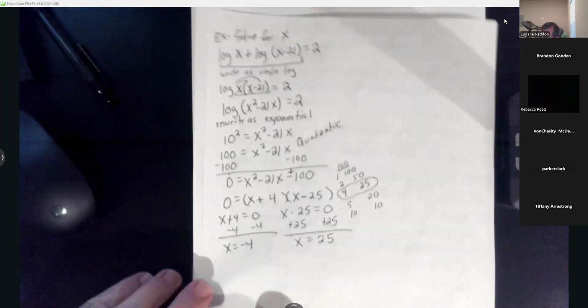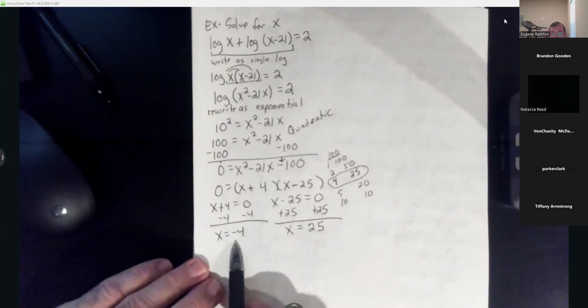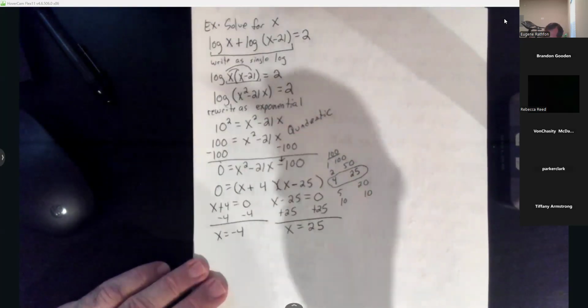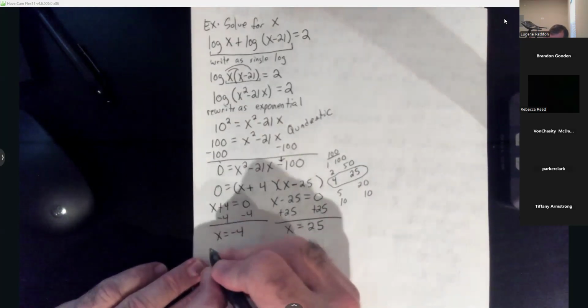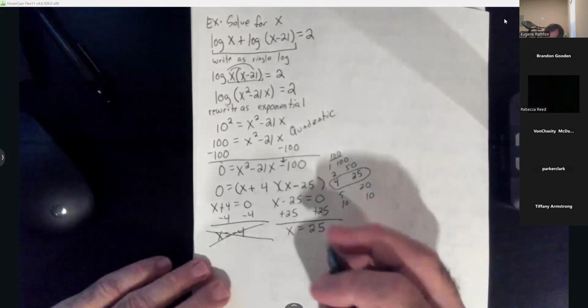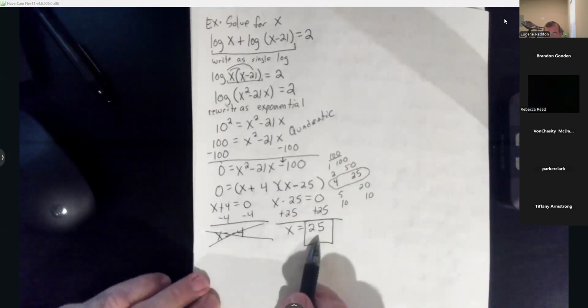One of my answers is negative. So if I put that negative in here, log of -4, you're going to get an error. You have to throw away that negative answer, and the only answer is going to be the 25.